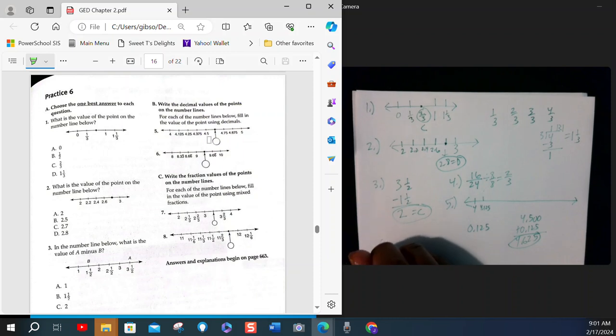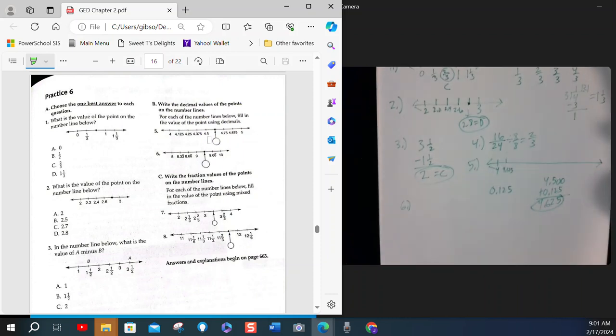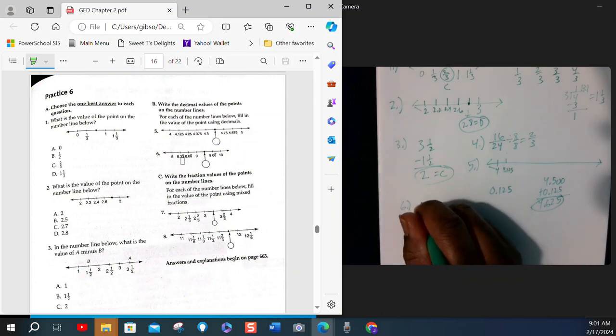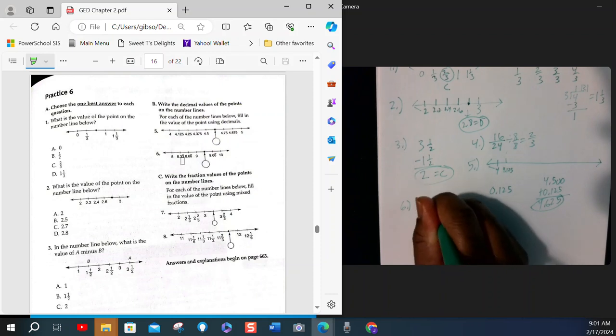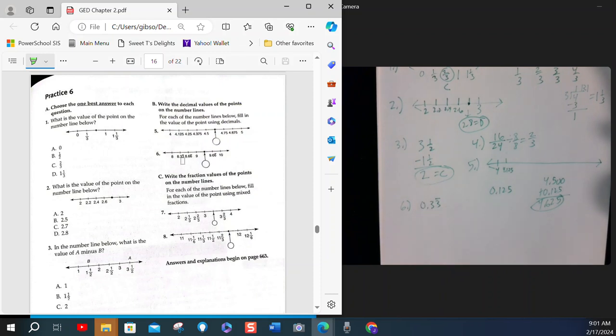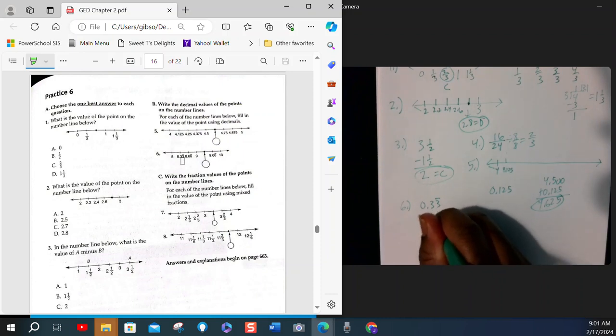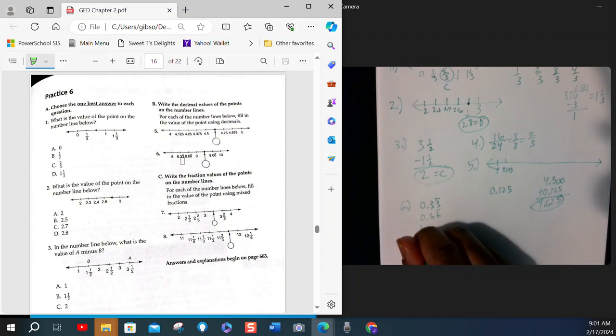Now we look here at number 6. Number 6 is quite interesting because we have repeating decimals here. If you notice here, we had 8.33, 8.66, then the number 9. So that's telling us that from 8 to 8.33, what we're increasing by is 0.33 repeating. So a 0.33, then 0.66 would be the next, and then we have the whole number.